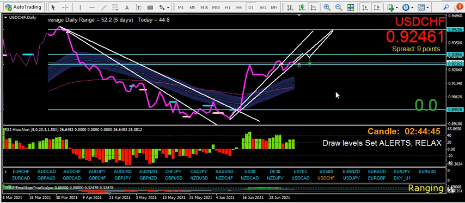Fundamentals are of little value when it comes to trading, in my opinion. I've argued this for decades now, or a decade plus, and the charts don't lie.